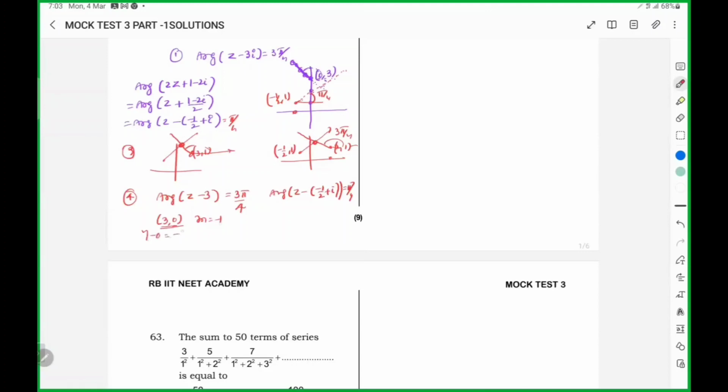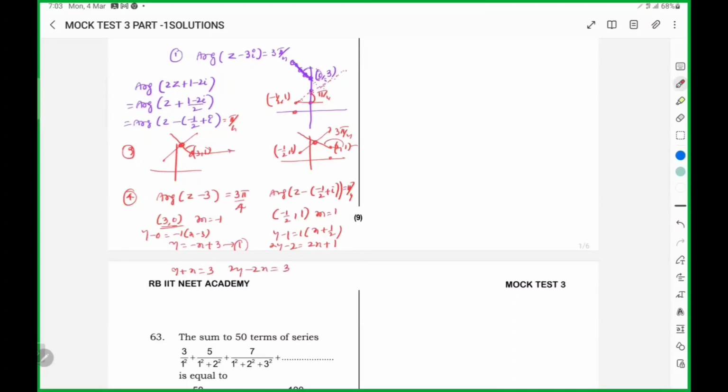So the equation becomes y is minus x plus 3. Your point is minus half comma 1. So slope will be tan 45. y minus 1 is, so you get 2y minus 2 is 2x plus 1. y plus x is 3.